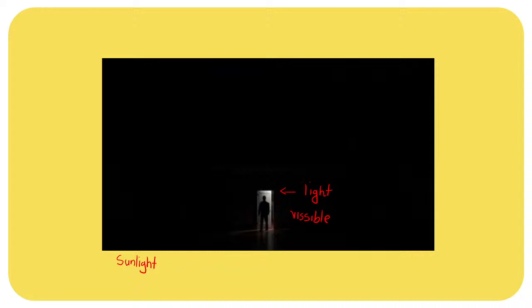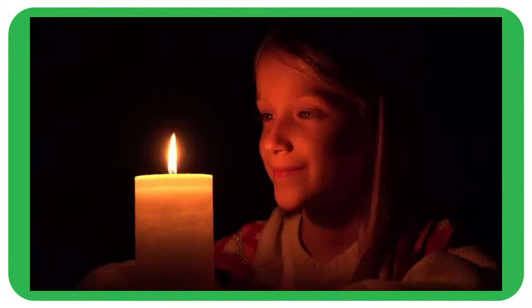What happens during the night time? During the night time, the sun is not there, so the main source of light is not there. So we use artificial sources of light, tube light, bulb, LEDs, to make the things visible. We are going to learn some interesting facts about this light in today's lesson.